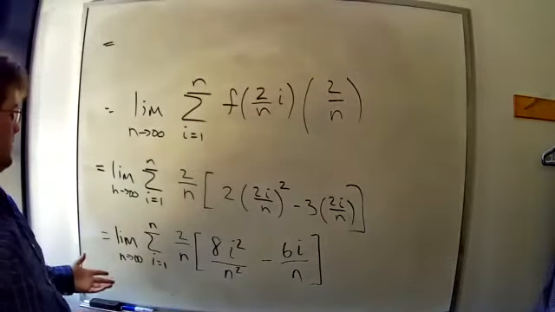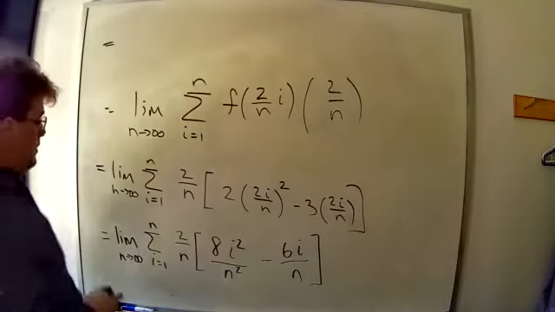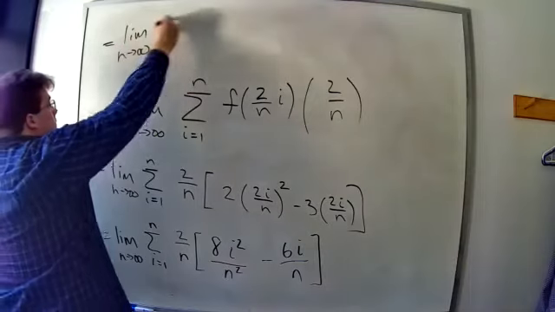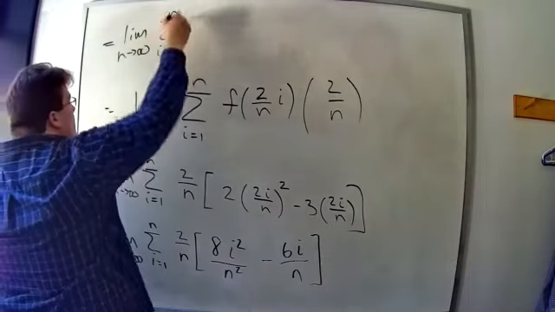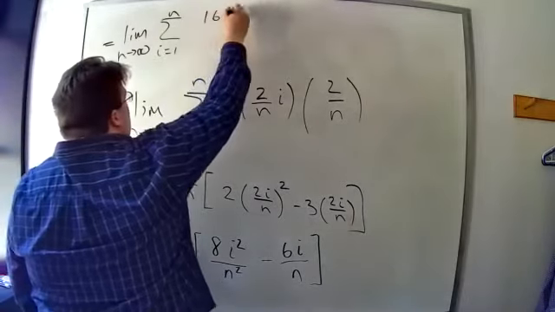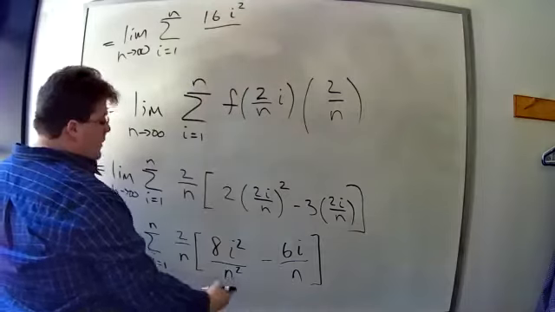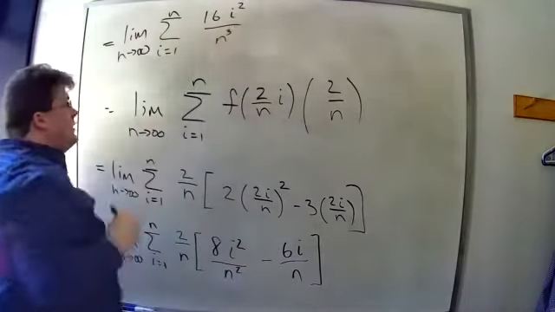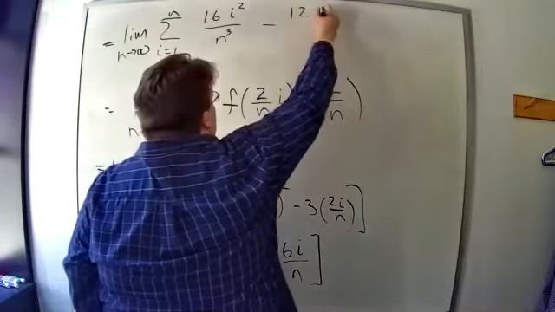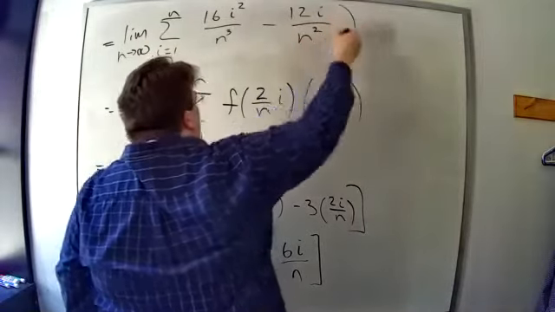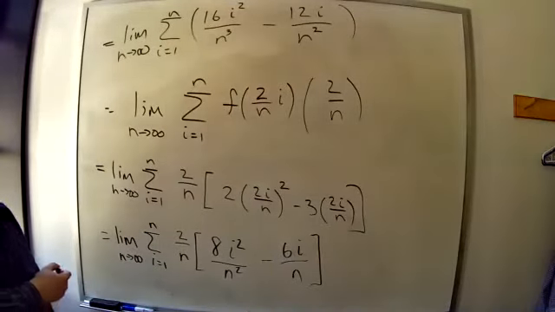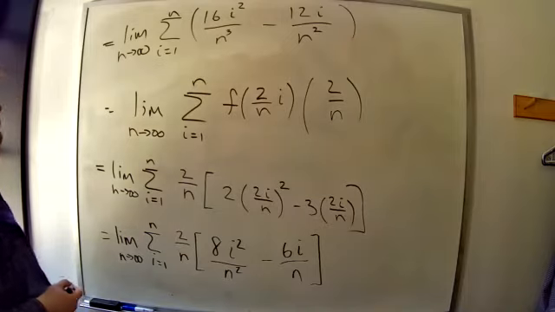And now, still not dealing with the limit or the sum, but I am going to distribute 2 over n. Two times 8 is 16. n and 2 more n's make 3 n's. 2 and 6 and a negative make 12, and a negative. n in the bottom gives us 2 n's in the bottom.